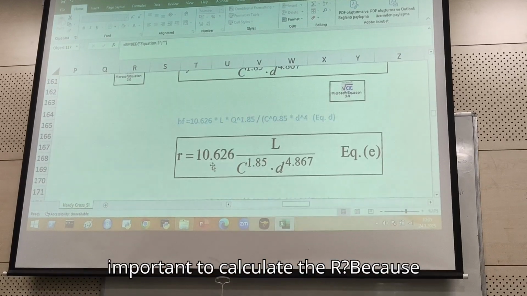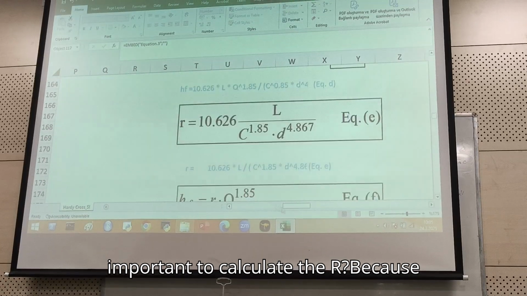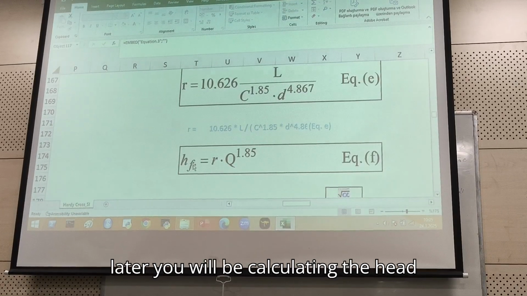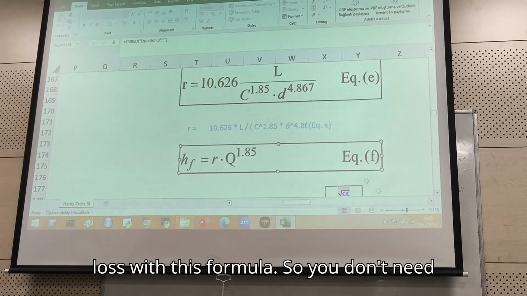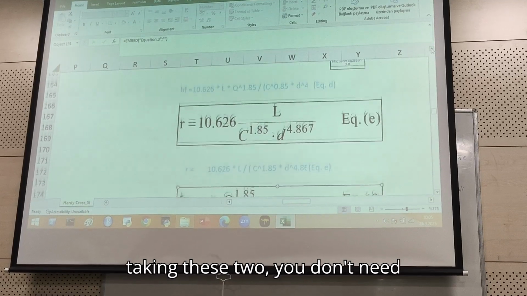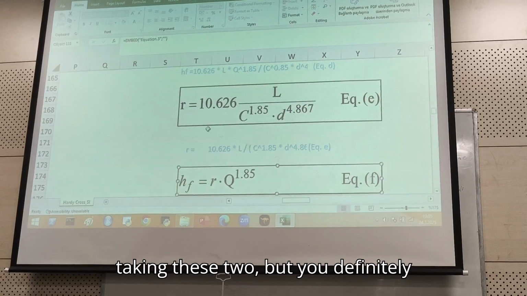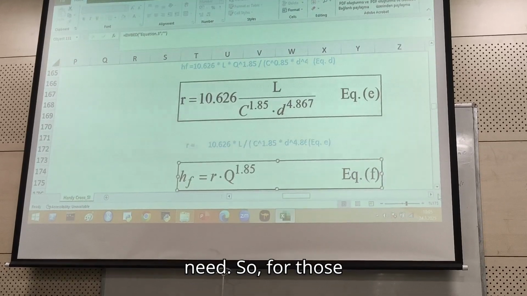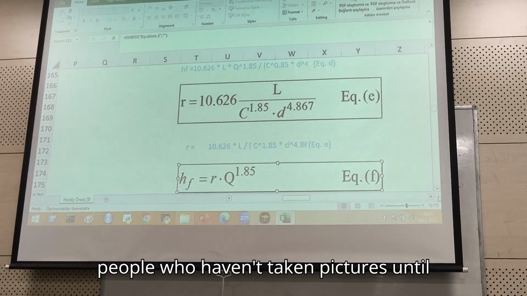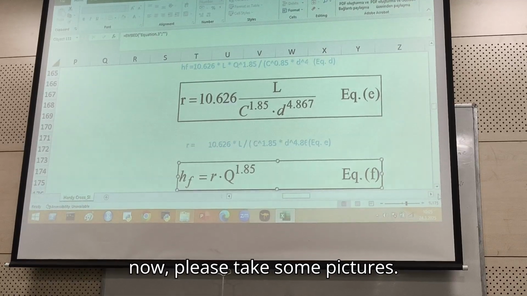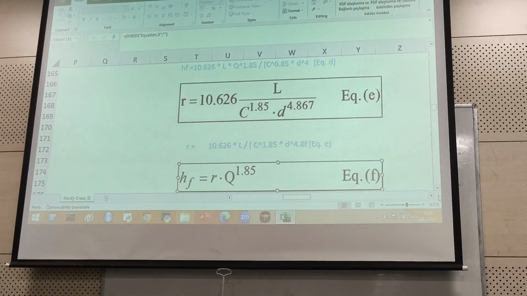Okay? Why is it important to calculate the R? Because later you will be calculating the head loss with this formula. So you don't need maybe these two, but you definitely need these two. So for those people who haven't taken pictures until now, please take some pictures.